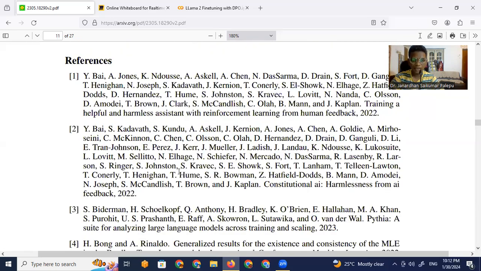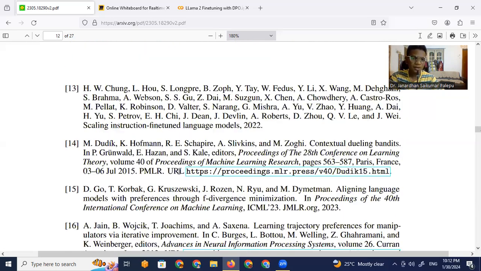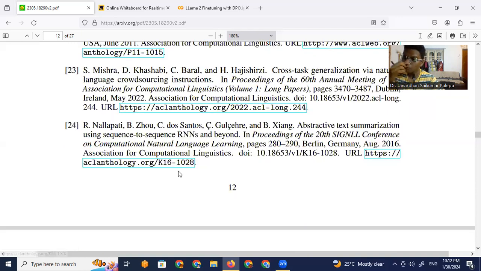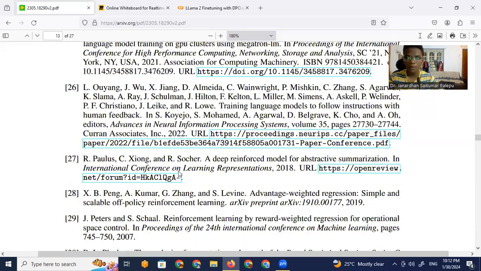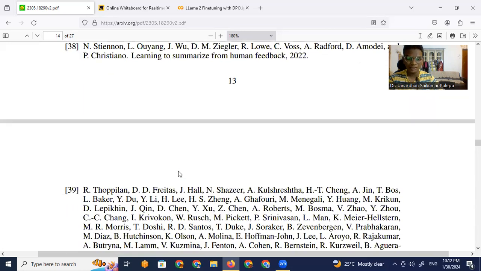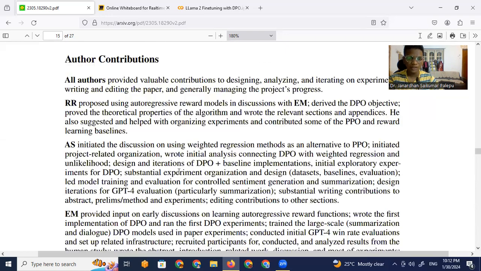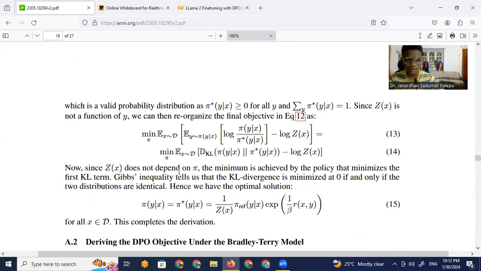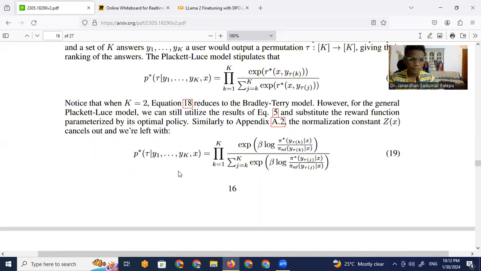That shows us that DPO is maybe better than RLHF because moreover it is also computationally efficient. It is actually quite straightforward, right? It will directly increase the likelihood of the preferred answer and decrease the likelihood of the dispreferred or rejected answers.